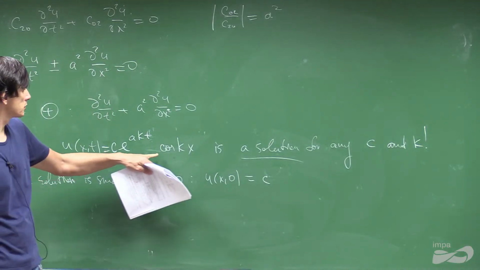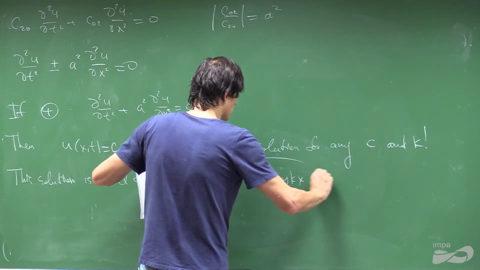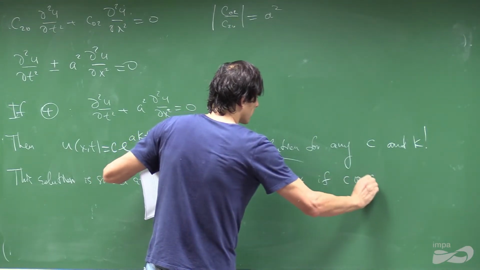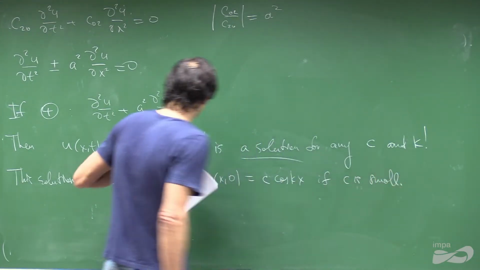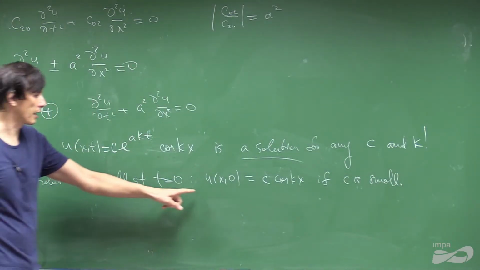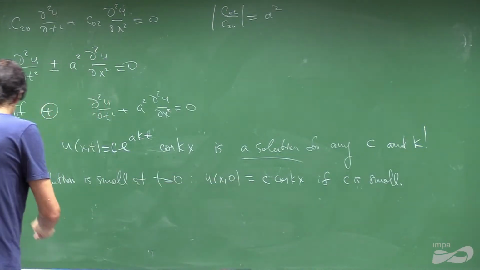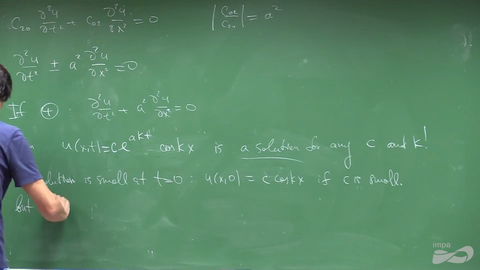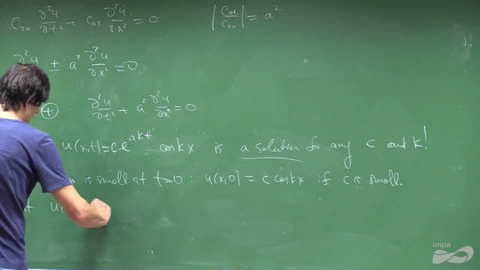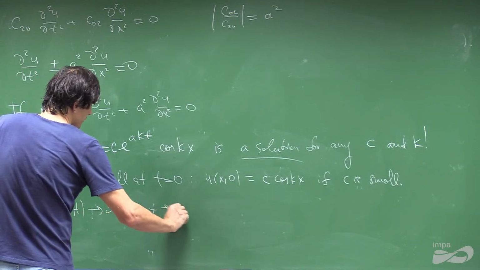When you put c cosine kx. So if c is small, we can choose the prefactor such that this solution is as small as you like at initial time. But whatever c you choose, it becomes infinitely large as time goes to infinity.